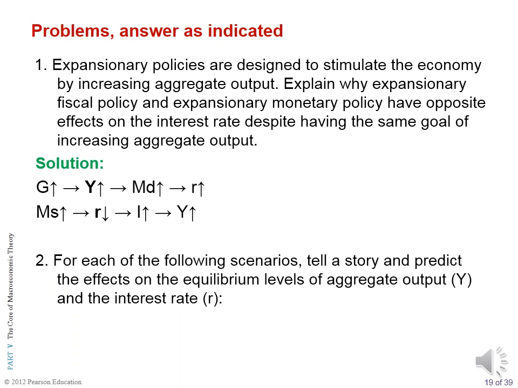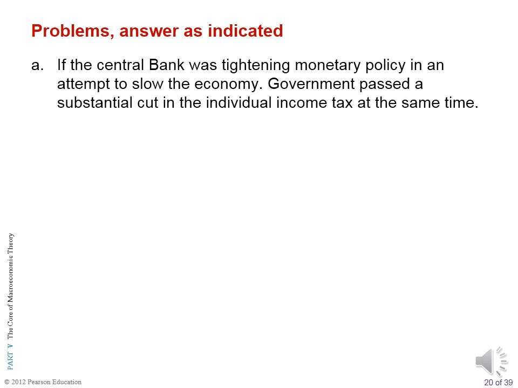That's it. Second, for each of the following scenarios, tell a story and predict the effect on the equilibrium level of aggregate output and the interest rate. I want to know the effect in each scenario on Y and R. A. If the central bank was tightening money policy in an attempt to slow the economy, decreasing the money supply, that is contractionary monetary policy.